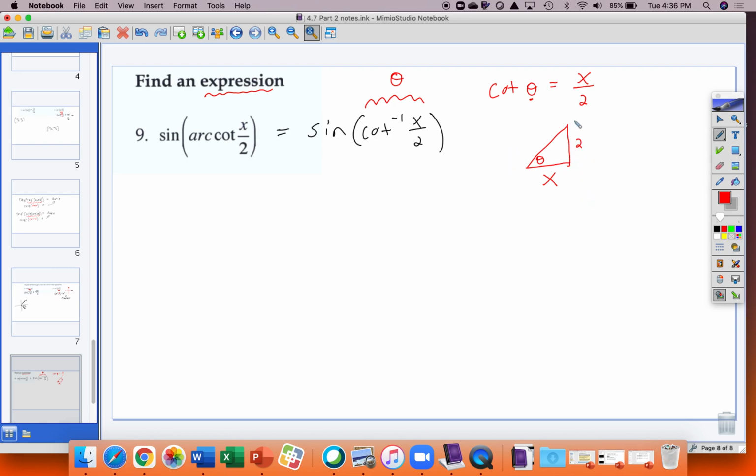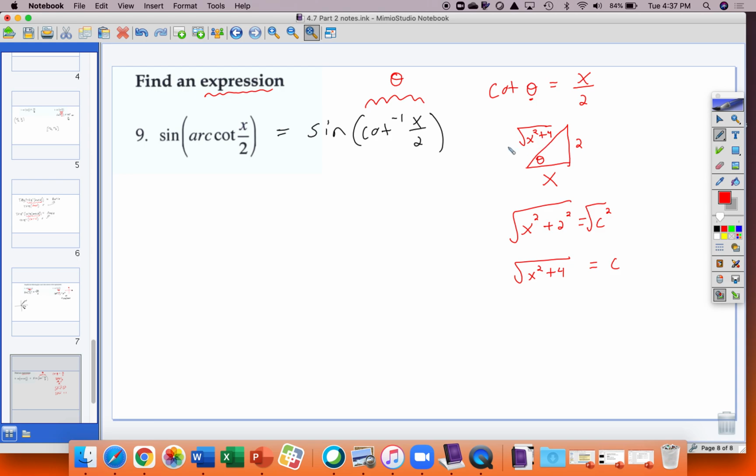And I can find a third missing side by doing the Pythagorean theorem, which says x squared plus 2 squared equals, we'll call this side c, c squared. So therefore, if I take the square root of both sides, I get the square root of x squared plus 4 is equal to c. So this missing side is the square root of x squared plus 4.